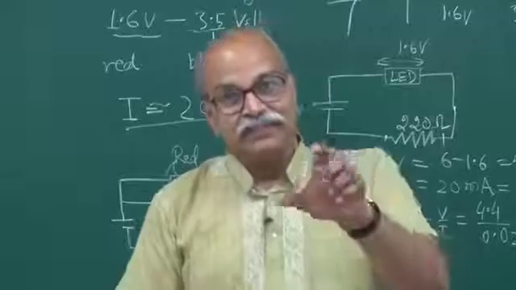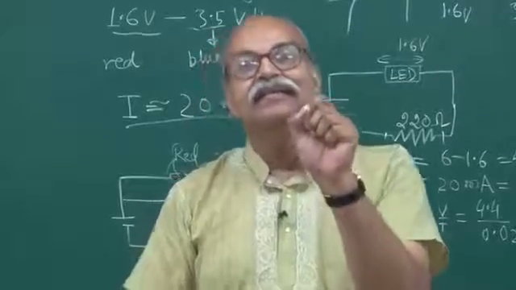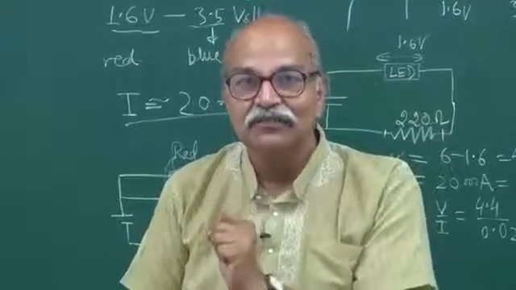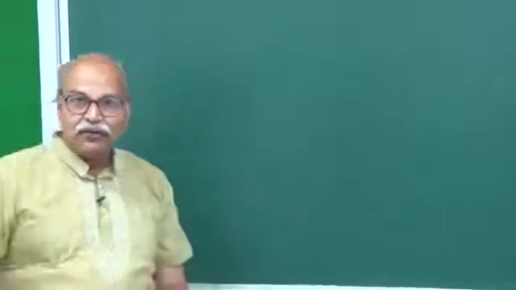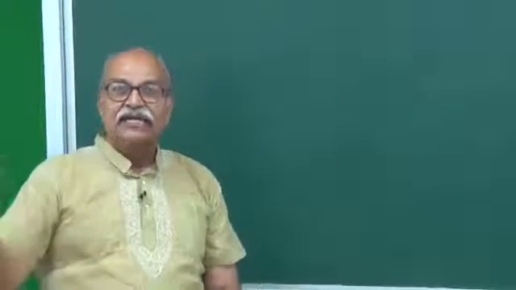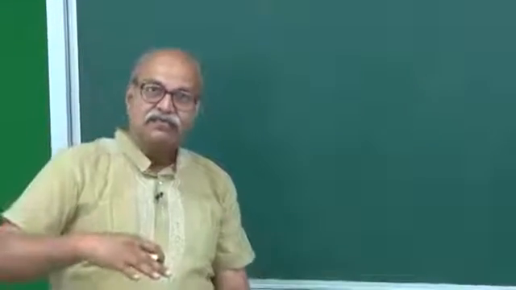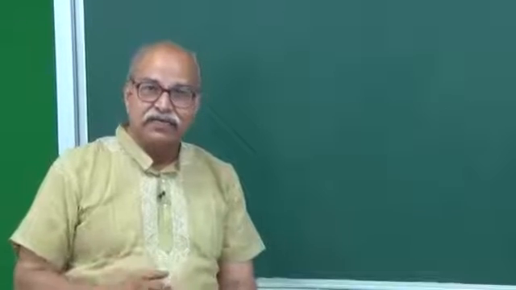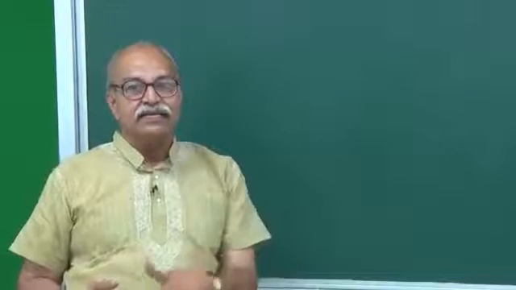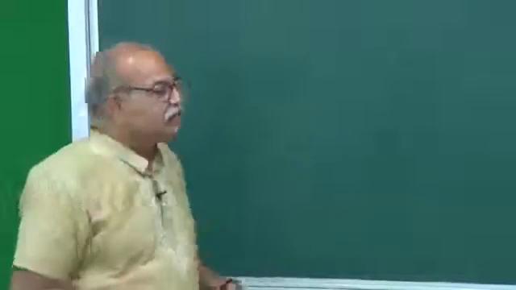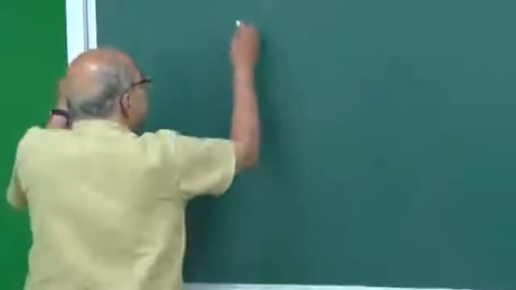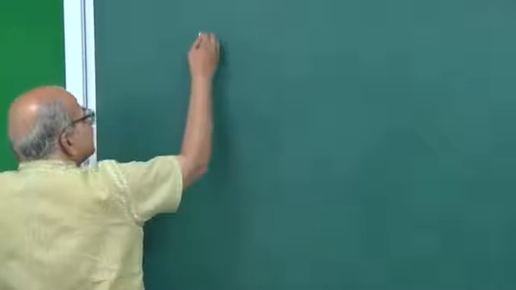So what is it? The basic unit is again a PN junction, a silicon PN junction. In a solar cell, like the photodiodes we talked about, light falls on the PN junction, and that light creates electron hole pairs. So essentially the same mechanism, but the construction is slightly different.